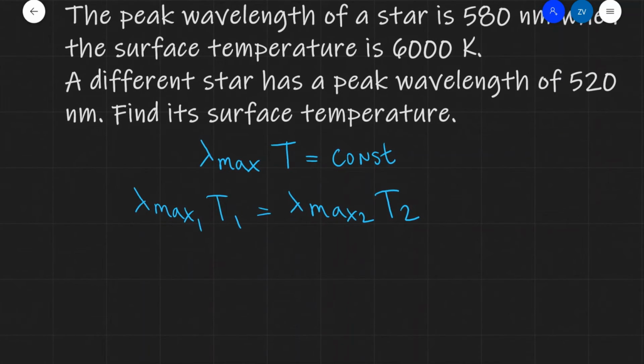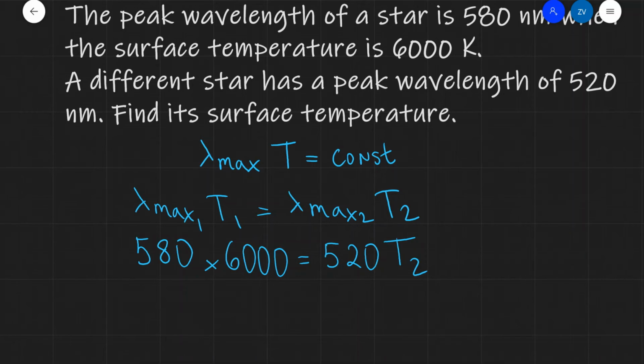Now the peak wavelength of the first star is 580 nanometers. Its temperature is 6,000 kelvins, and this will be equal to the second peak wavelength, which we're given here to be 520 nanometers, times the temperature that we're looking for, T2.